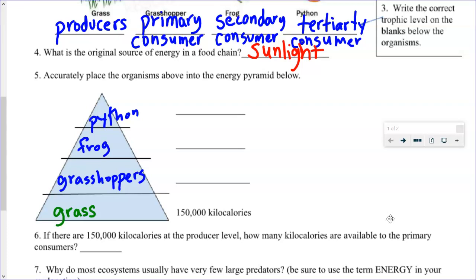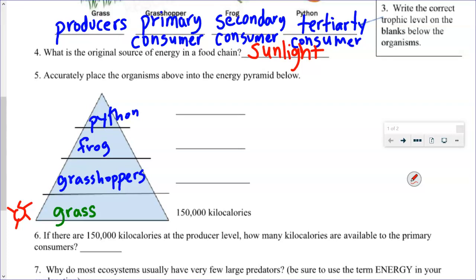But now let's talk a little bit about why the producers are on the bottom and the python is up there at the top. Why does it have this triangle shape? Well, remember I told you the grass, or our producers, they have this ability to get energy from the sun. And that sun is like this giant bar of gold.